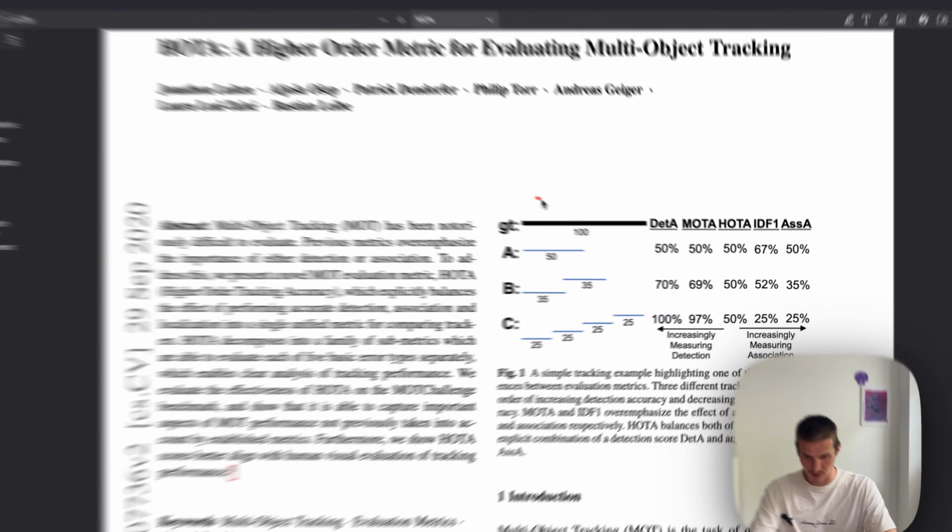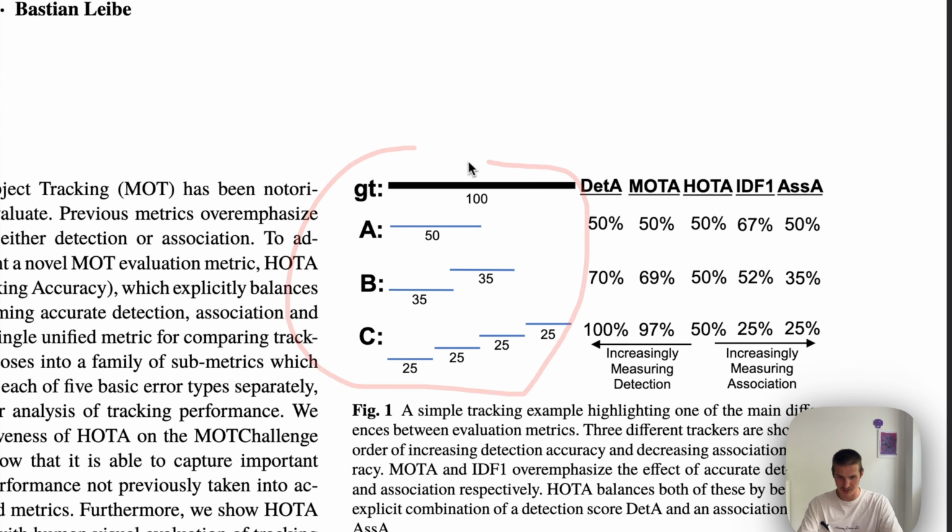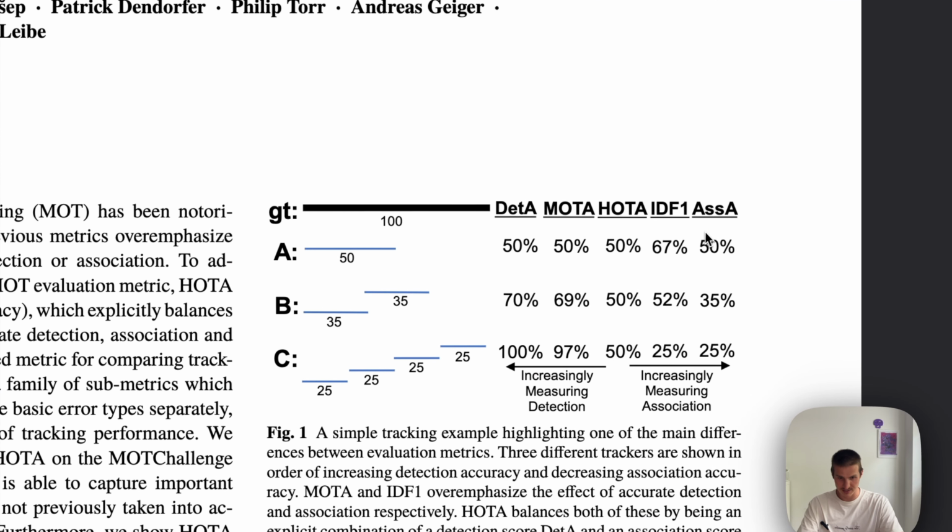And so for our criminal case here, we'll see that the first case is actually the best for assignment accuracy. So it has 50%, and then it drops to 35%, roughly corresponding to the amount of time the police would have to actually catch this criminal. And then IDF1 does look the same directionally, but the actual numbers are slightly different.